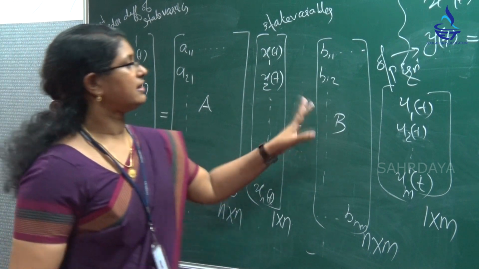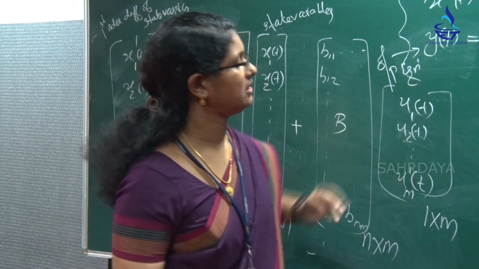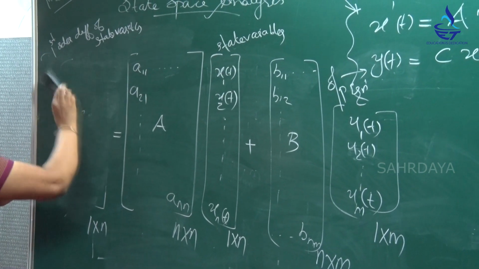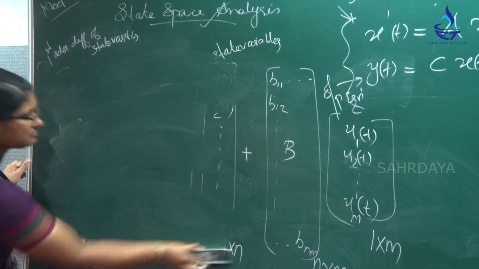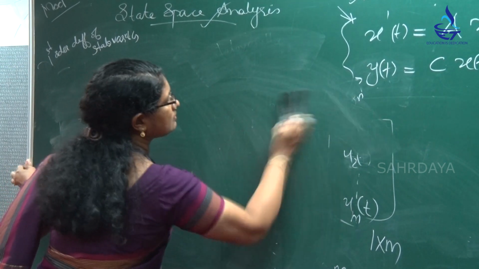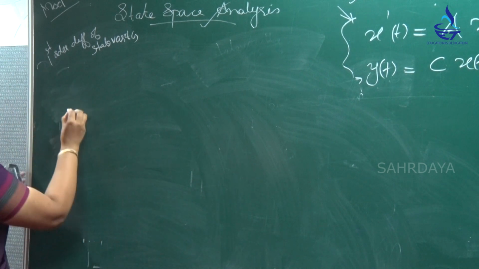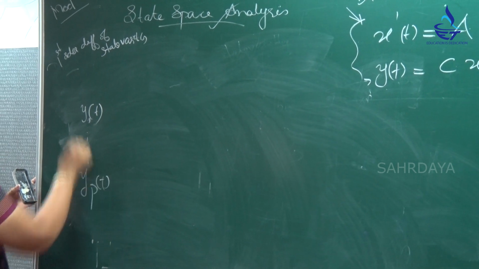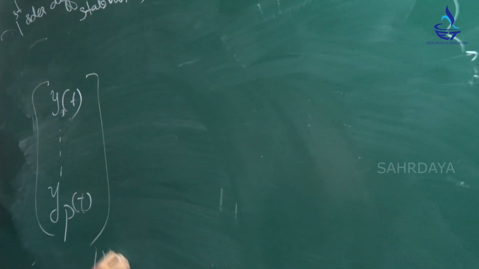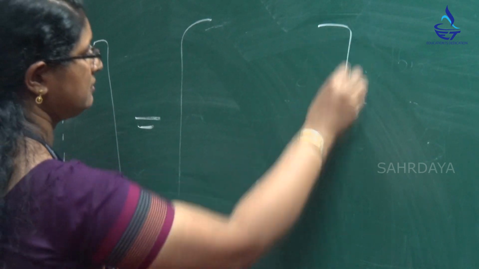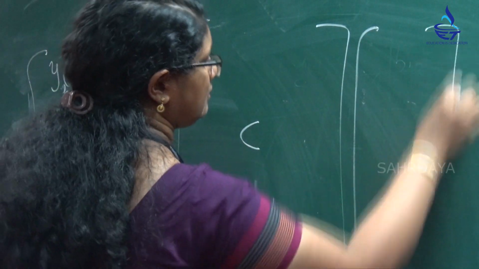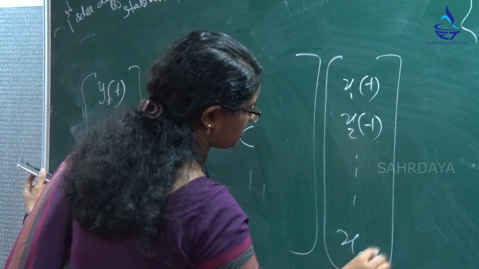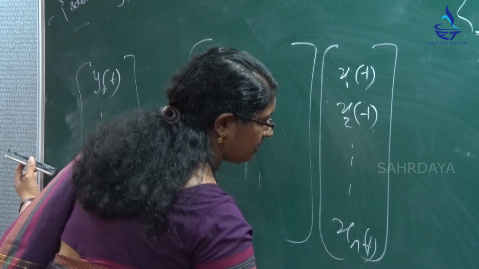Now you can write the same thing for y of t, the output equation. Output equation: y1 of t, etc. up to, let there be p outputs, yp of t. So this will be a p by 1 matrix. Output is equal to the matrix C into our x1 of t, x2 of t, etc. up to xn of t, the state matrix n by 1.